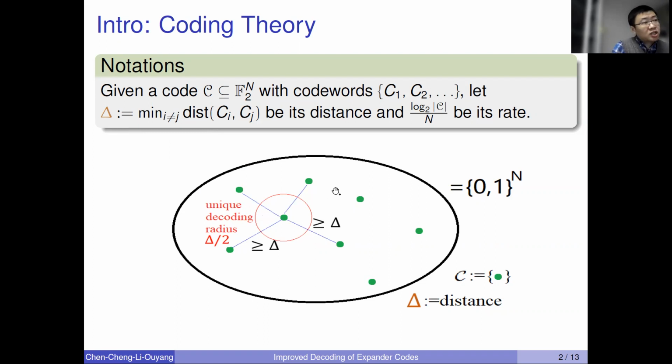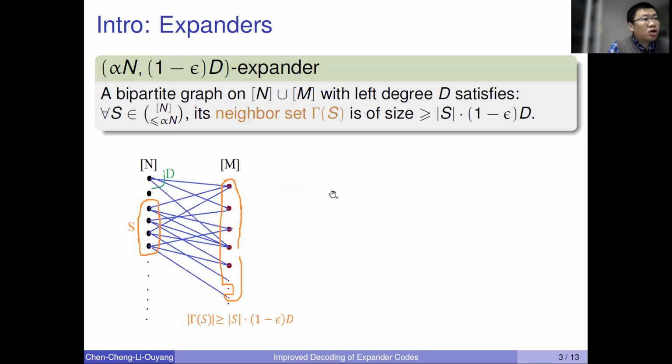So we will consider expander codes in this talk. Let me first define an expander. An expander has two parameters: the size of the subset alpha n and the expansion 1 minus epsilon d.